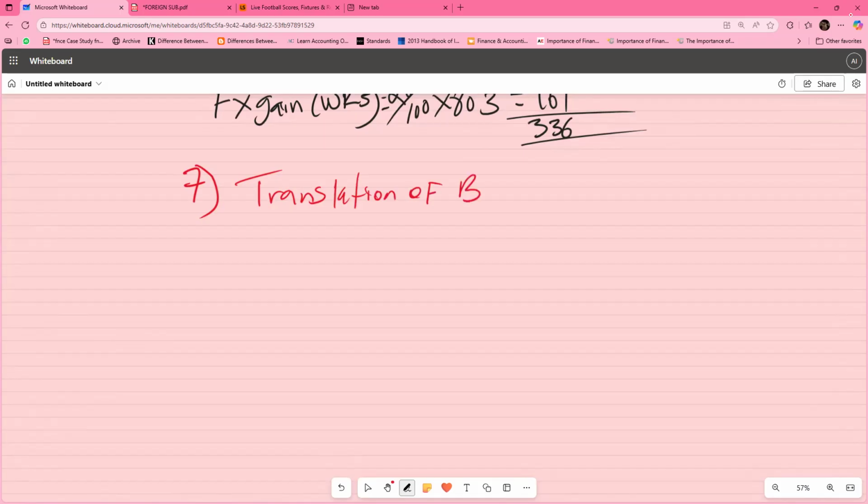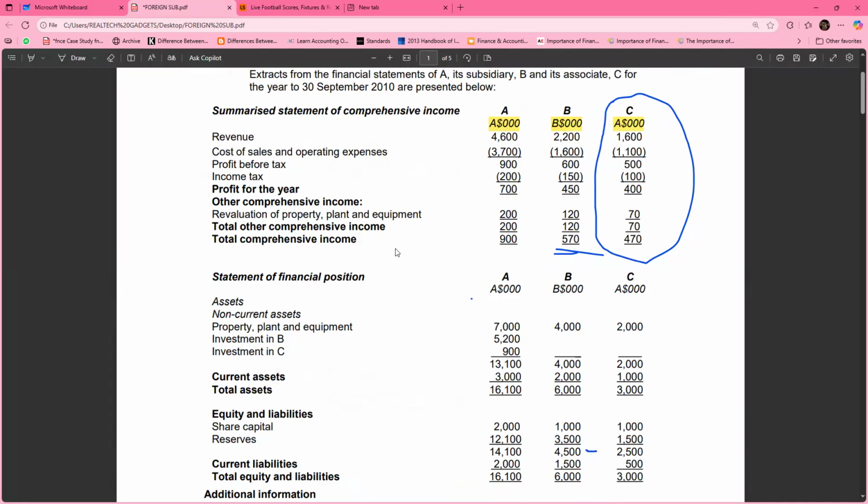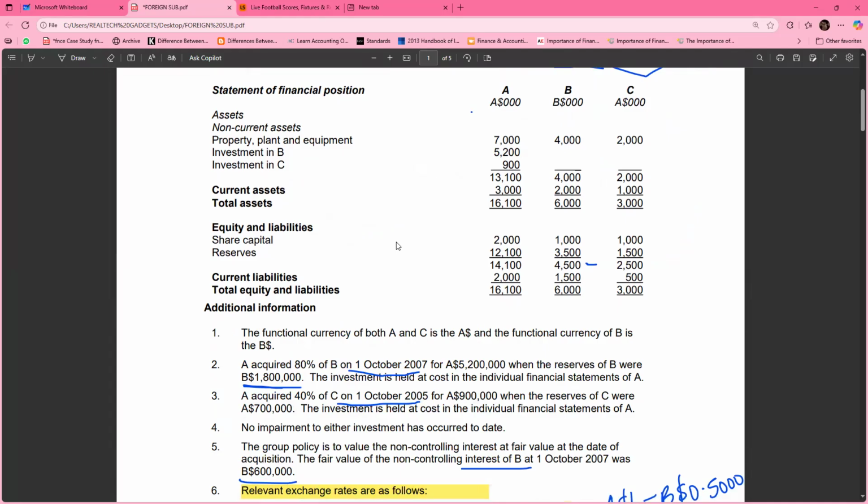Translation of the statement of financial position. Just like I mentioned, assets and liabilities will be translated at the closing rate. So it's very straightforward.